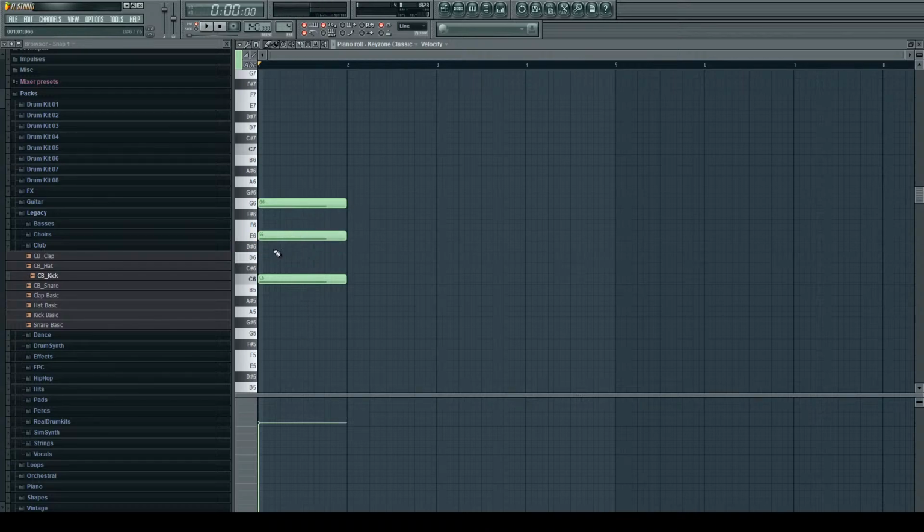So again, how do you make it minor? Let's say you have a C major, flat the third, or you lower the third by a half step, by one key. So what about diminished? What is diminished?